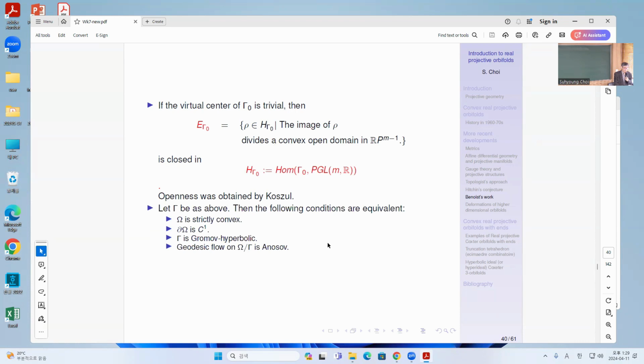And the openness was obtained by Koszul. Let gamma be as above, then the following conditions are equivalent: Omega is strictly convex, boundary of Omega is C1, gamma is Gromov hyperbolic, and the geodesic flow on Omega mod gamma is Anosov. So that's his additional work: for the word hyperbolic ones, these are always strictly convex, and the group has to be Gromov hyperbolic, and that's associated with this geodesic flow being Anosov.